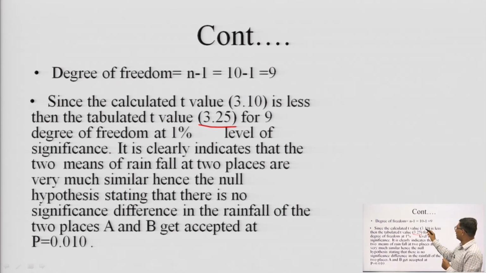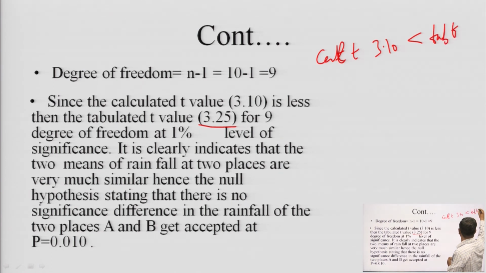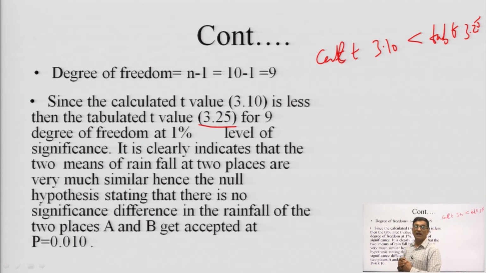Now you see here our calculated value of t, 3.10, is less than the tabulated t, 3.25, for 9 degrees of freedom and 1% level of significance. So, since our calculated value of t is less than the tabulated value of t, we accept the null hypothesis, or you can say we reject the alternate hypothesis.